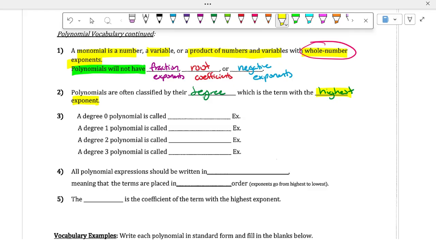And 9 is considered a what? Constant. Good. So if it has a degree of 0, it's considered a constant. That would be 9, -2, 10, -1,000, whatever. As long as it doesn't have a variable after it, the degree is 0, and it's called a constant.